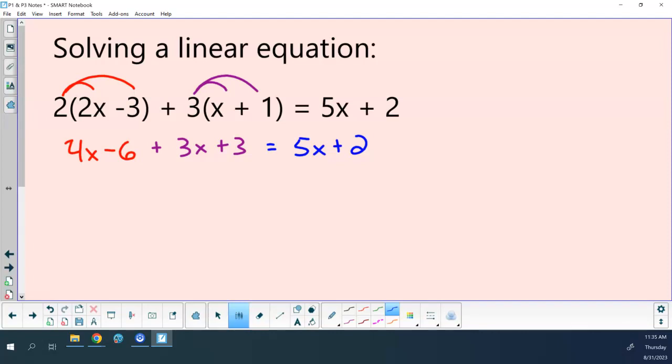Now, to make things easier on us, we would simplify, combine like terms, whatever you want to call it, all those different things. Okay? So, left side would become 7x minus 3. Right side stays 5x plus 2. Now, here's where the golden rule of algebra comes in. Okay? What do I do next?